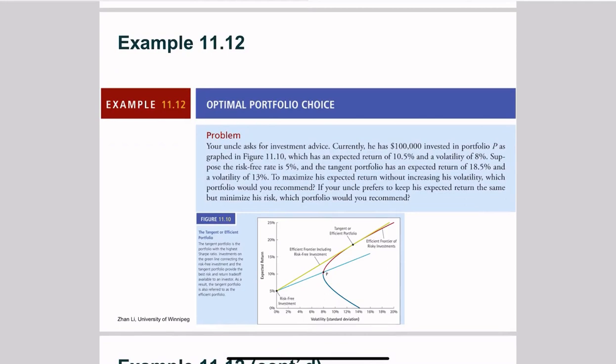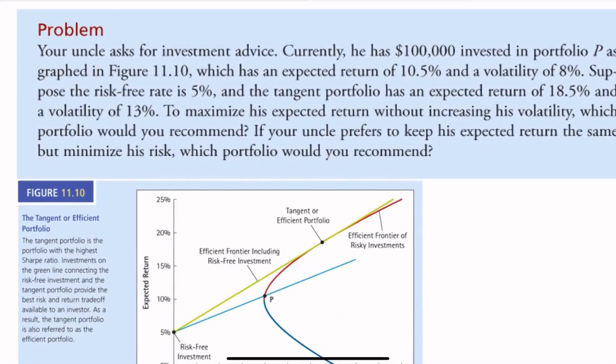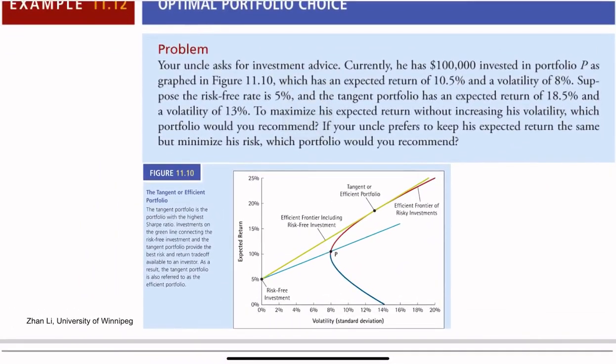So it says your uncle is asking for investment advice. So now he has $100,000 invested in portfolio P. This has an expected return of 10.5% and a volatility of 8%.